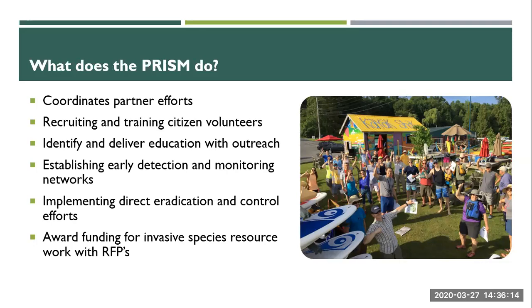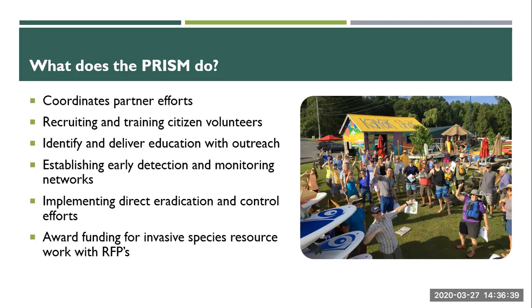We also identify and deliver education and outreach to the public. We establish early identification and detection throughout the PRISM, and then we monitor those populations to make sure they aren't spreading. We also can implement eradication and control efforts in order to prevent the spread into new areas.